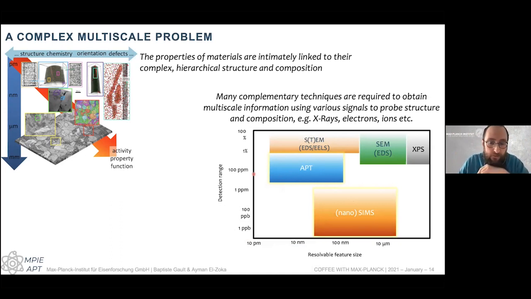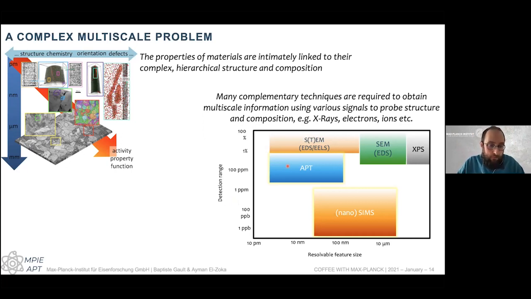And it's quite interesting in terms of the statistics, the sensitivity that we can reach with atom probe. We can go down to measuring small amounts of matter, on a very small scale, almost down to individual atoms.